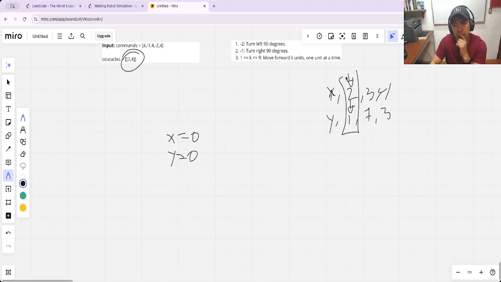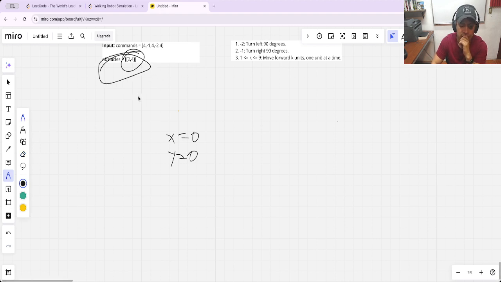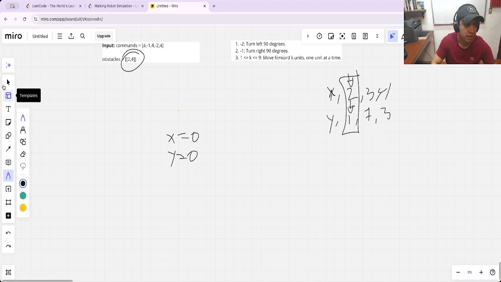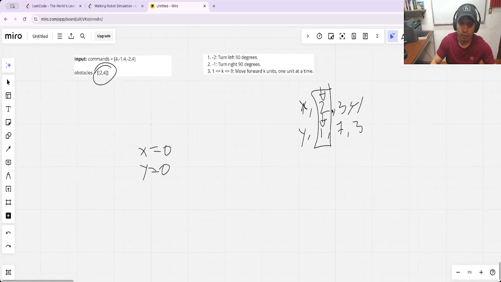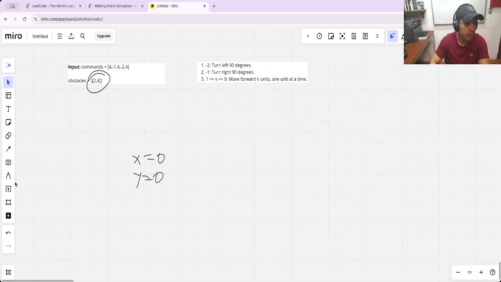We can use the position, but no, I prefer to transform this into a string.